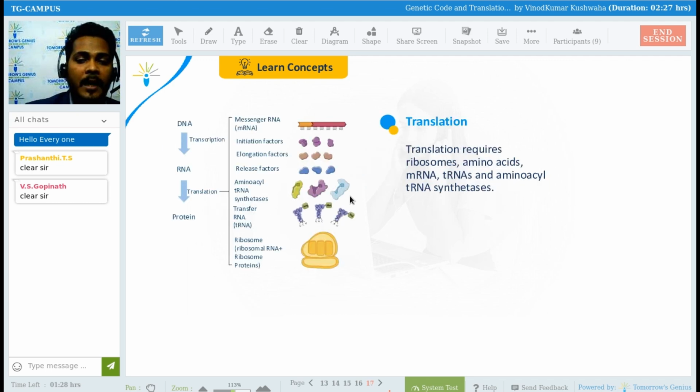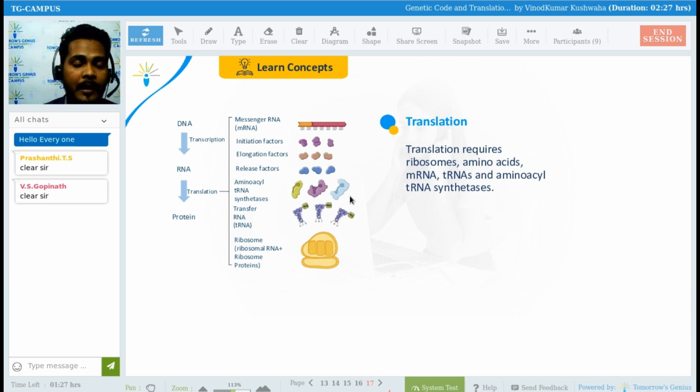What are the important machineries required for translation? The very first tool required for translation is ribosomes. We also require amino acids, and mRNA, which you get from transcription, then tRNA, and aminoacyl tRNA synthetase.